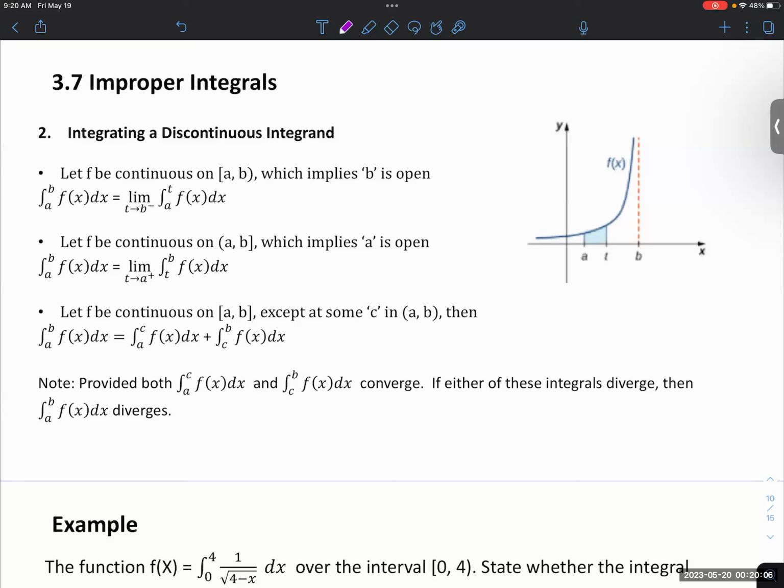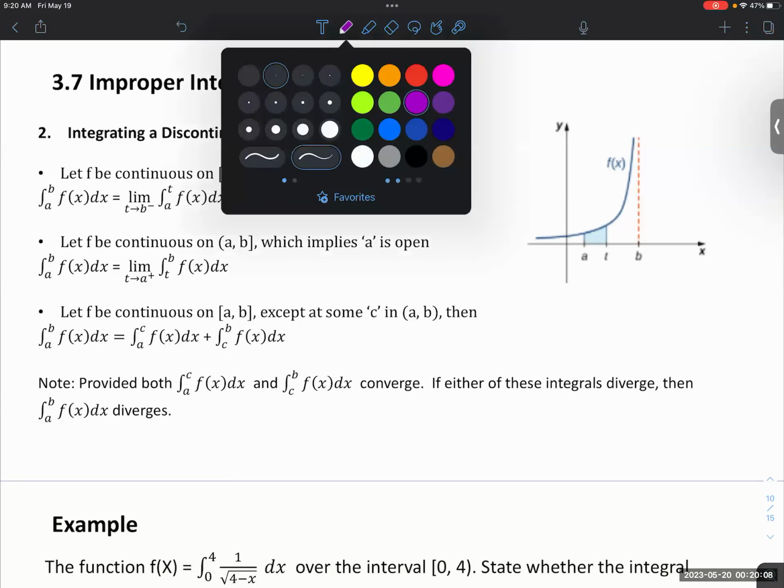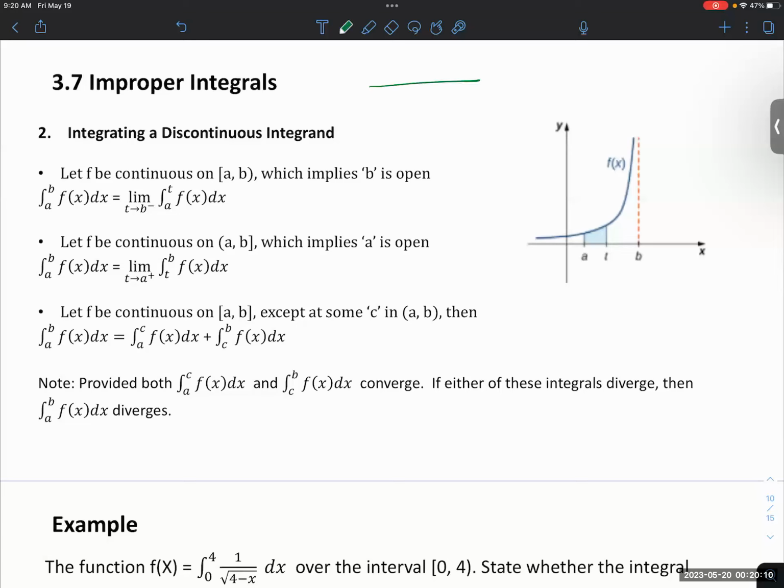If you remember from a long time ago, A and B both open means as interval notation, we are using the open parenthesis. That means we do not include them, this is exclusive, right? Whatever the X is between A and B, but we do not include A and B, exclusive.